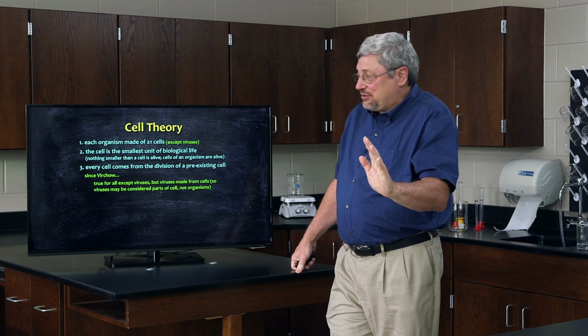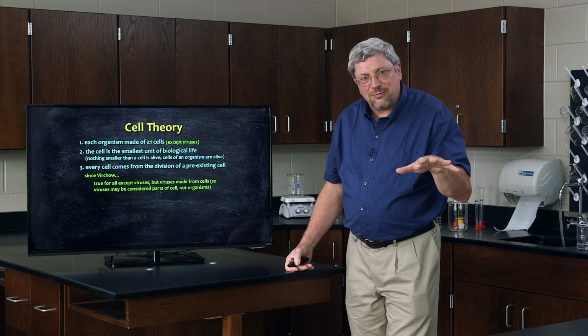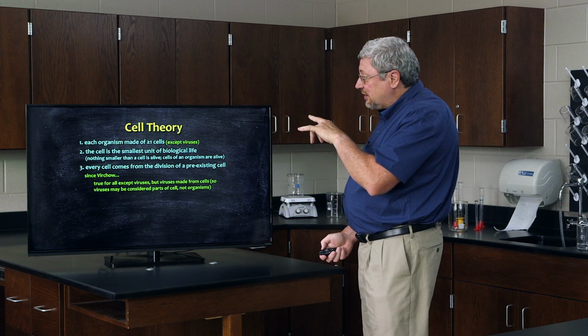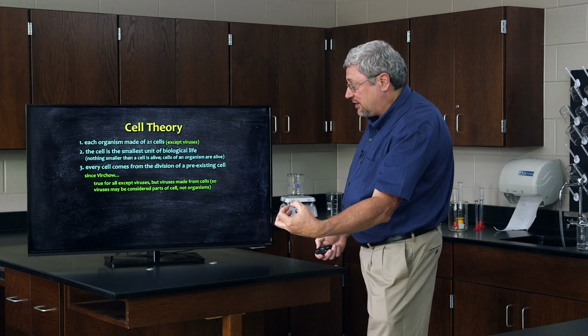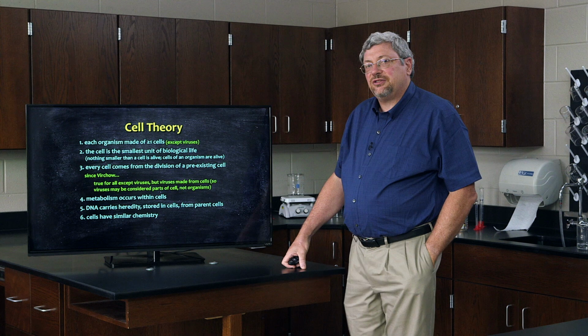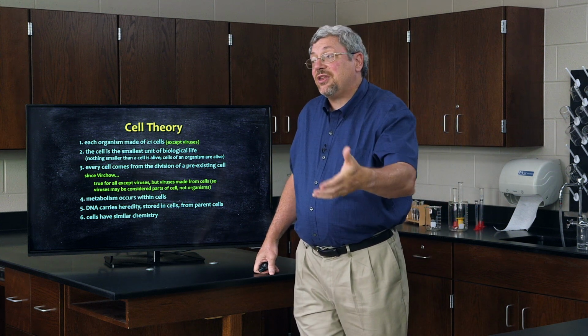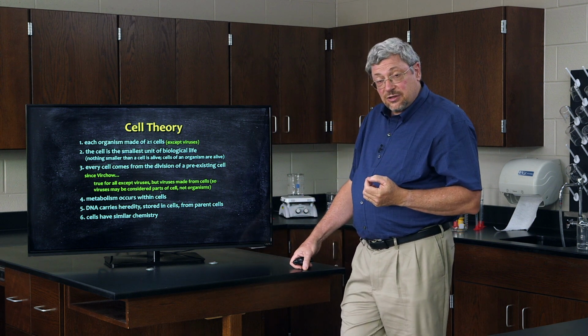But aside from viruses, as far as we have been able to tell, every other organism on the planet that is biologically alive is made of cells. The cells in that organism are the smallest unit of biological life, and every cell comes from the division of pre-existing cells. Since the time of Virchow, we can add a few more things that are also true of all cells and all organisms.